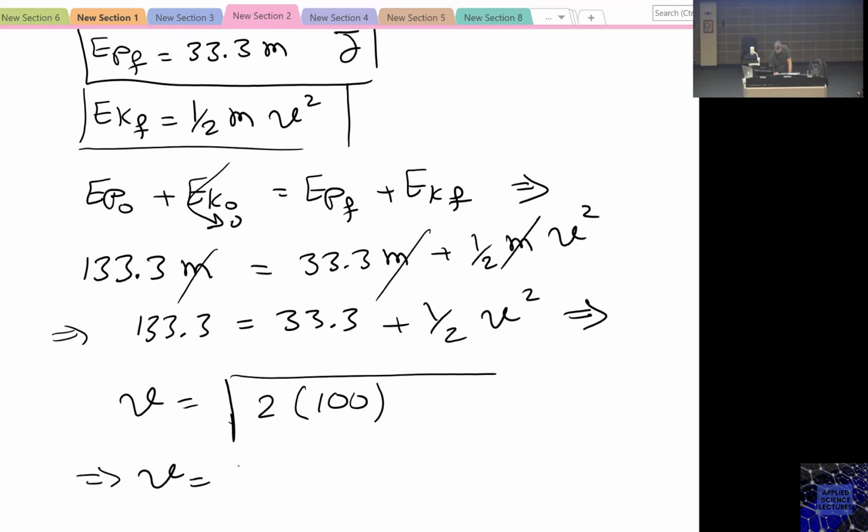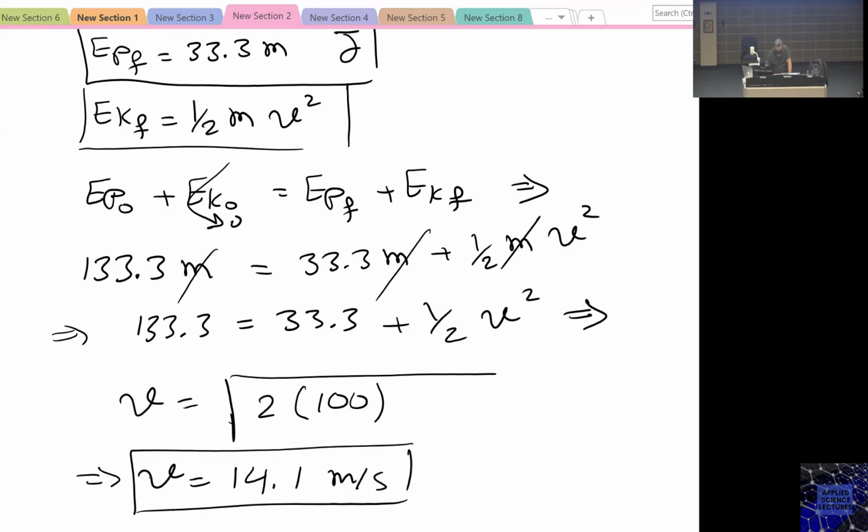And v is 14.1 meter per second. Any question? How did we calculate the speed?